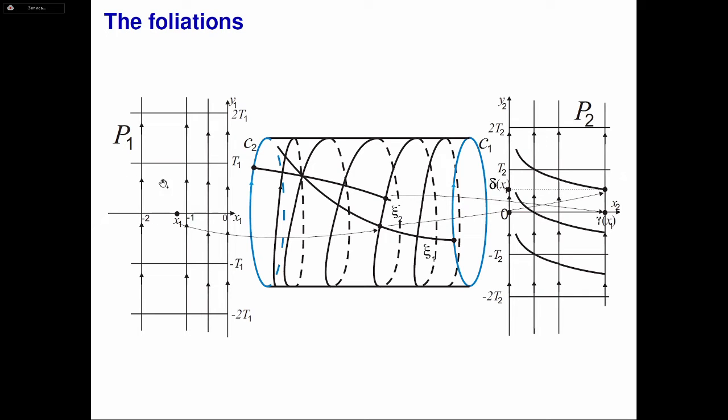So if we consider a set of horizontal lines on the plane, and then transfer it to the cylinder and back to the annulus, then the images of these horizontal lines are lines which are invariant up to topological conjugacy.